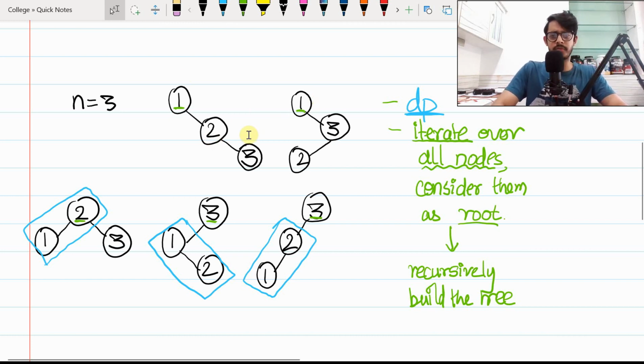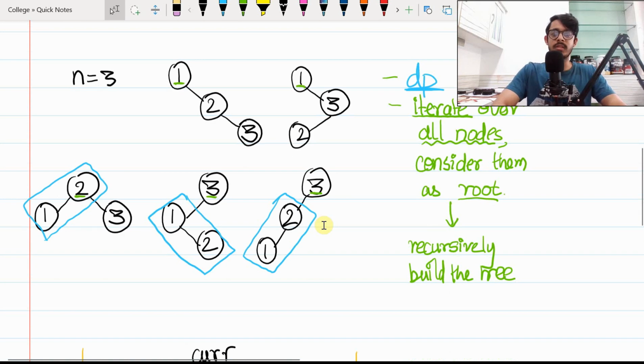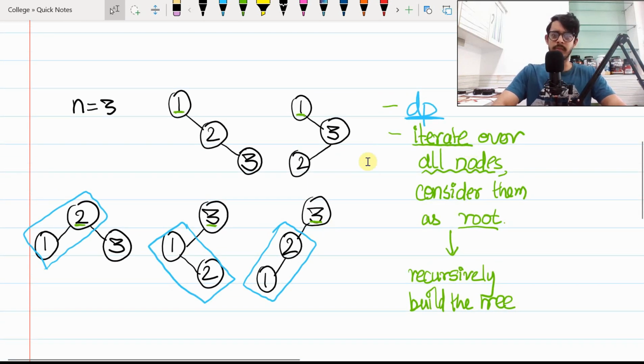We also observe a couple more things. It looks like in the case with 2 as the root or 3 as the root, we have these structures which look very similar to what we have seen above. This 2 1 or 1 2 kind of structure is exactly what we have seen in n equals 2. And so this hints at the possibility of DP.